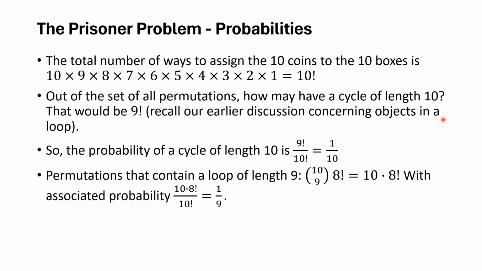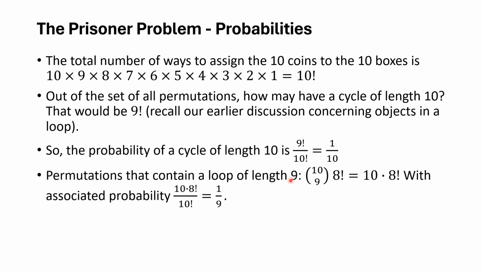So we have 10 objects here, and the number of loops or cycles would be 9 factorial. So the probability, if we randomly assign numbers of the 10 coins to the 10 boxes, that you get a cycle of length 10 is 9 factorial divided by the total number of permutations, 10 factorial, and you get 1/10.